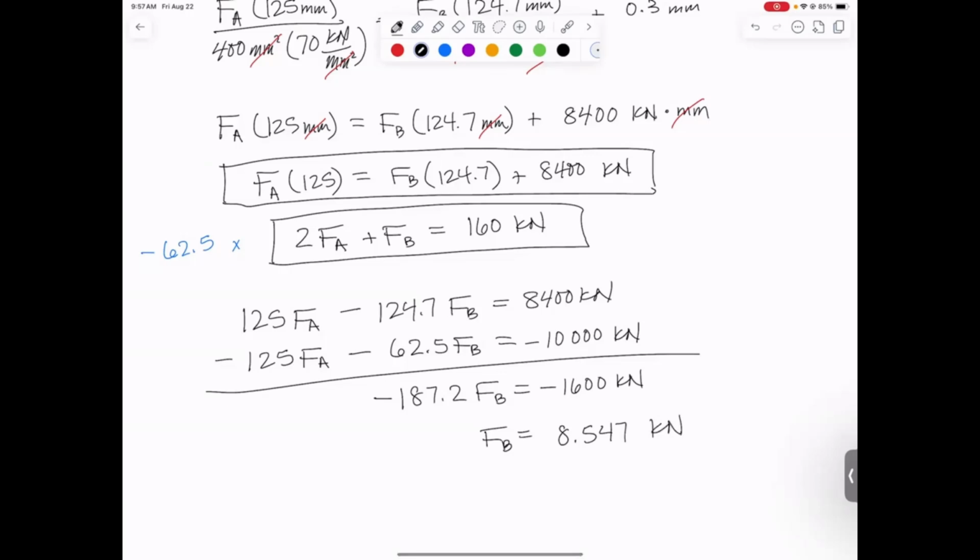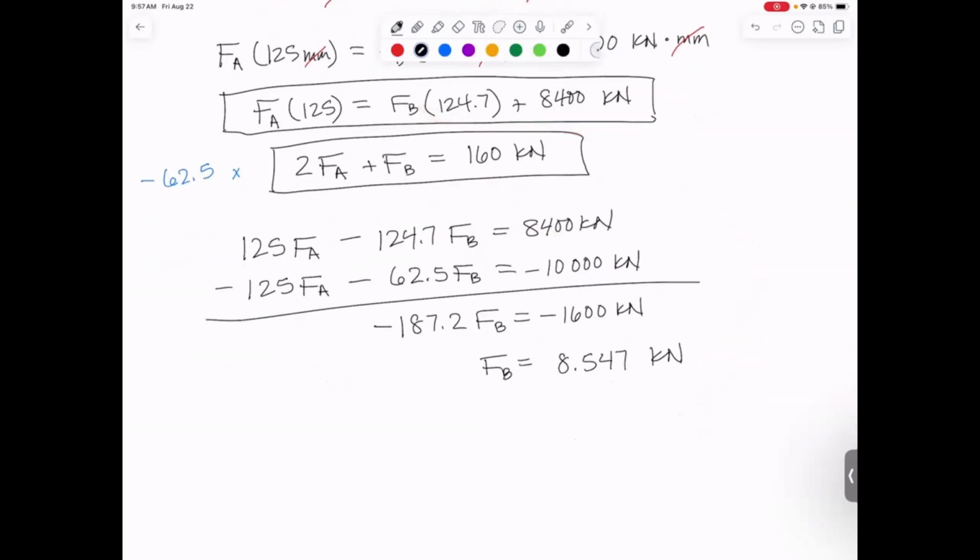And now we can substitute that back into either that equation or that equation to solve for FA. Doing that, we get FA is 75.726 kilonewtons. Keeping extra decimals right now because I next need to convert these into stresses because that's what the problem was asking. These are both in compression. I drew them in compression. They came out positive, which means I was correct.